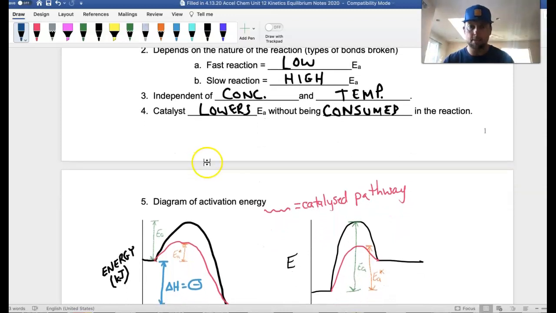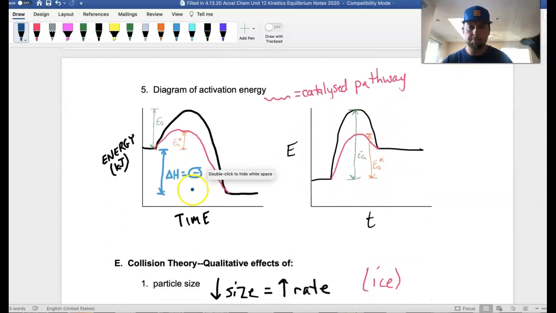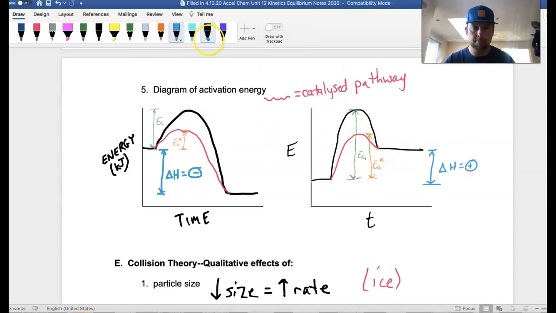So a catalyst will lower the activation energy, and you can see in these diagrams below whether it's an endothermic or exothermic reaction. This first one is definitely exothermic, and the second one is endothermic, because delta H is positive. I showed both a non-catalyzed pathway in black and a catalyzed pathway in red.